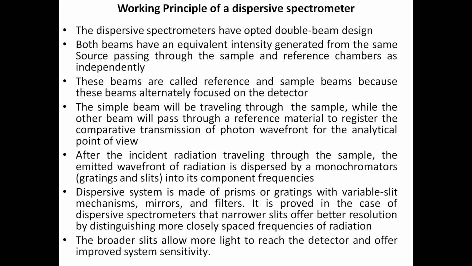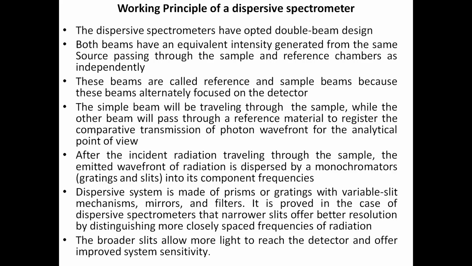After the incident radiation travels through the sample, the emitted wavefront of radiation is dispersed by a monochromator, or you can say the grating or slit, into its component frequencies. The dispersive system is made of a prism or grating, a combination of different prisms or gratings with a variable slit mechanism, because we have to filter out a particular wavelength, plus mirrors and filters.